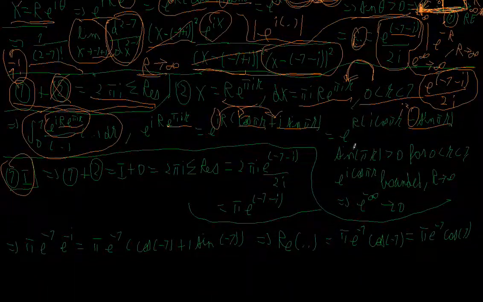And so, as said, I know that I have chosen the right contour because sine of pi t is positive in the upper half plane, and also sine of pi t is positive for all t between 0 and 1. If you plug in t equal to a half, you get 1. You always get something positive.